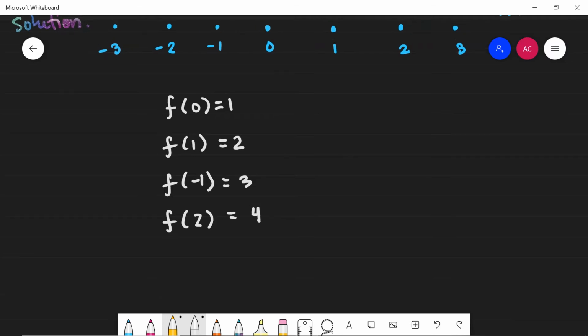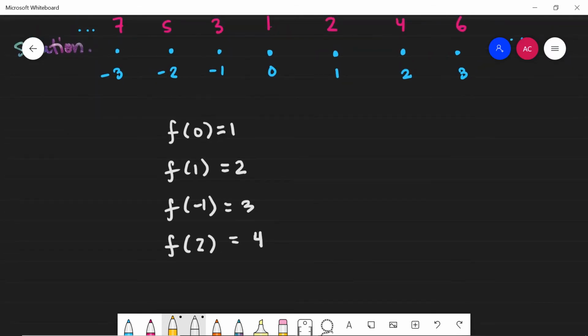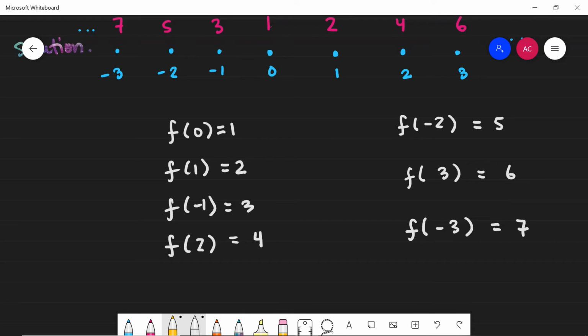Let me just be precise here and write the rest of them down. F of 2 was 4. F of negative 2 is equal to 5. F of 3 is equal to 6. F of negative 3 is equal to 7, and so on and so forth.